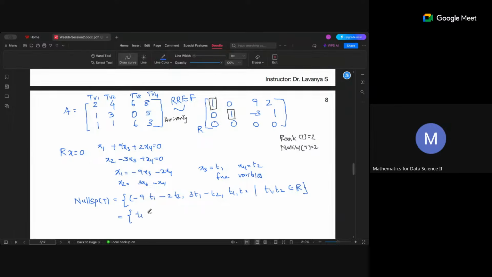So now you know how to find the basis, right? t1 times (minus 9, 3, 1, 0) plus t2 times (minus 2, minus 1, 0, 1).